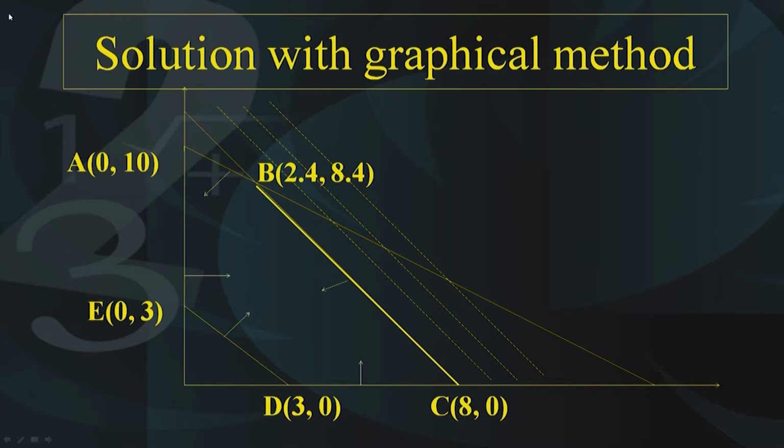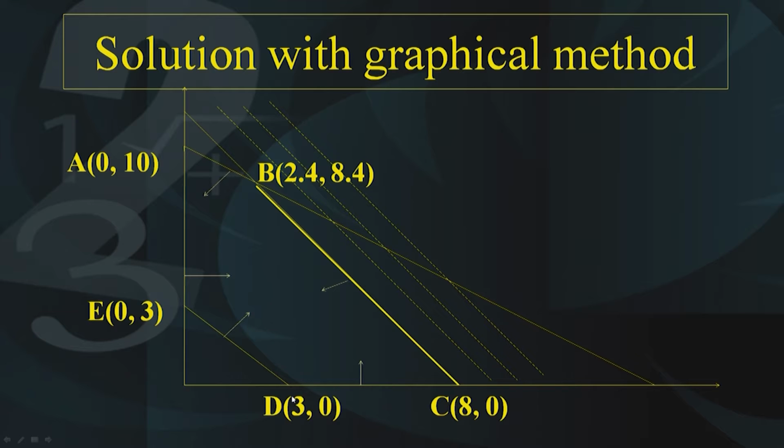You will find that in the initial table we had started from the origin, that is (0, 0), and immediately after the first iteration we have come to the point D, that is (3, 0). This indicates that from the initial iteration to the first iteration we have moved to the next point.